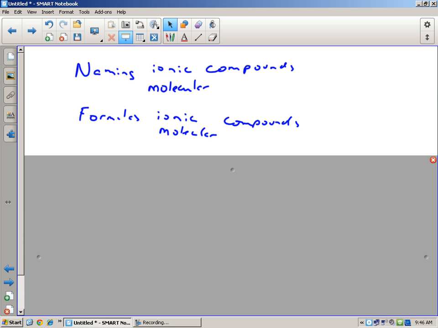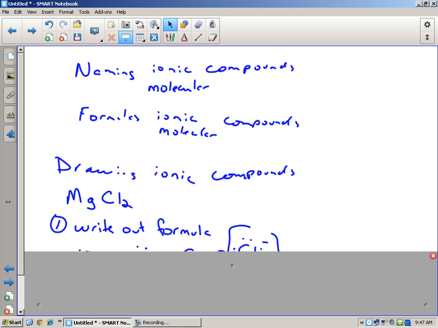So look over that, please do, because I'll probably give you 3 or 4, maybe even 5 naming questions. That's just it, okay? So that could be a kind of a big chunk. We can't forget how to name compounds. That's kind of important. Or write formulas for compounds, okay? So make sure you do that, okay? So writing formulas for those, have to be able to do those, okay?